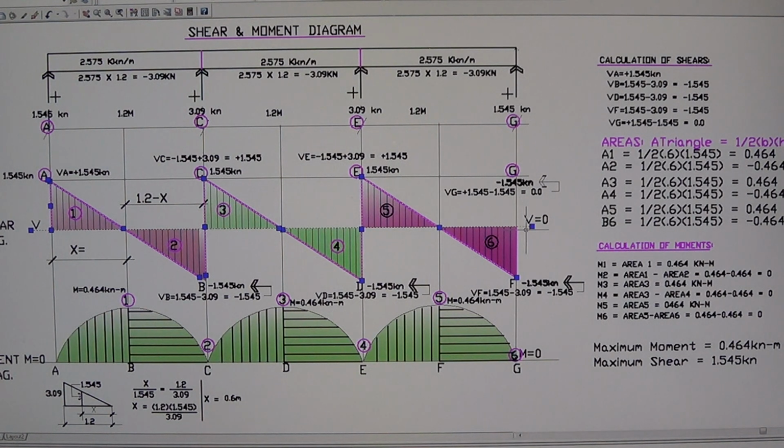Okay, at the end here, the end of the purlin, the shear here should be 0 and the moment here should be 0, so that all the calculations are correct. So we have that, everything 0 at G right here. The shear there is 0, so therefore all these values are correct. Alright, now let's go to the moment.